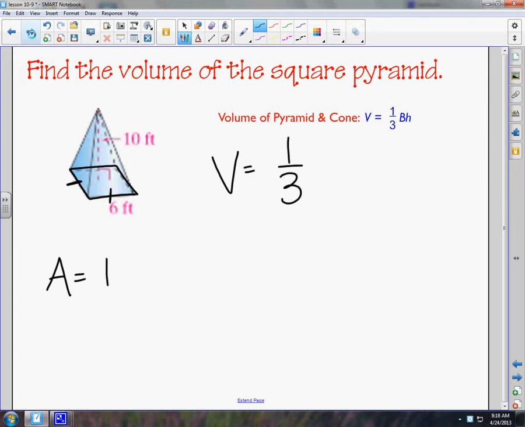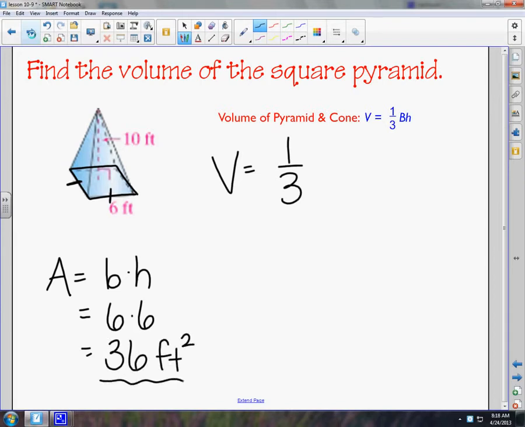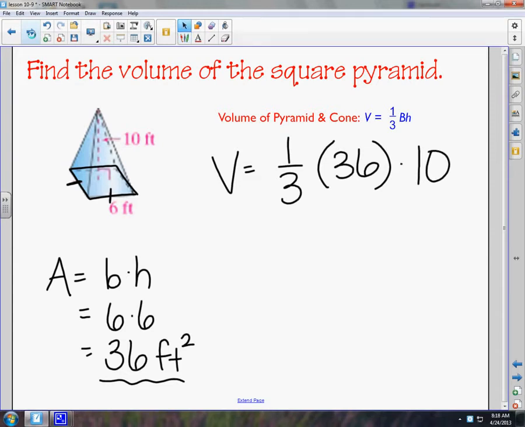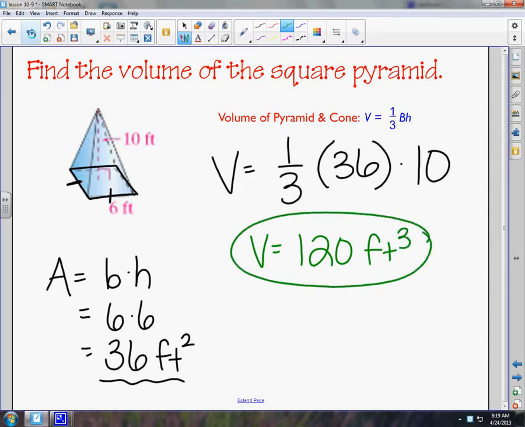So the area of the base would be base times height, which is 6 times 6, and that's 36 feet squared, the area of the base. So I'm going to put that in here, 36, and then I'm going to multiply that by the height, which is 10. So I get 1/3 times 36 times 10, and my volume is 120 feet cubed, or cubic feet.